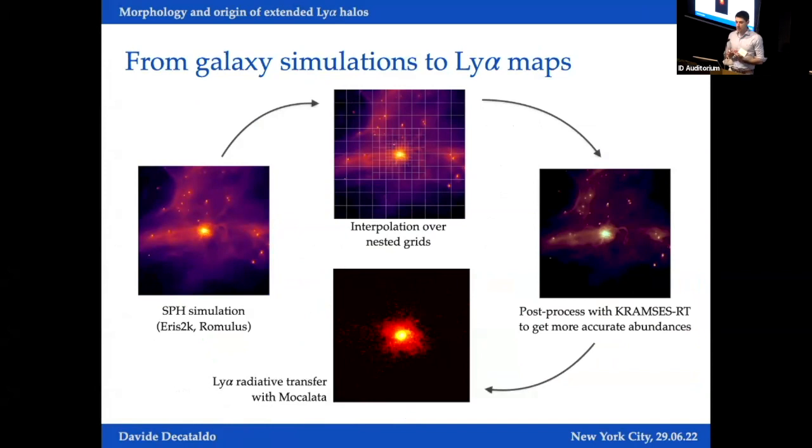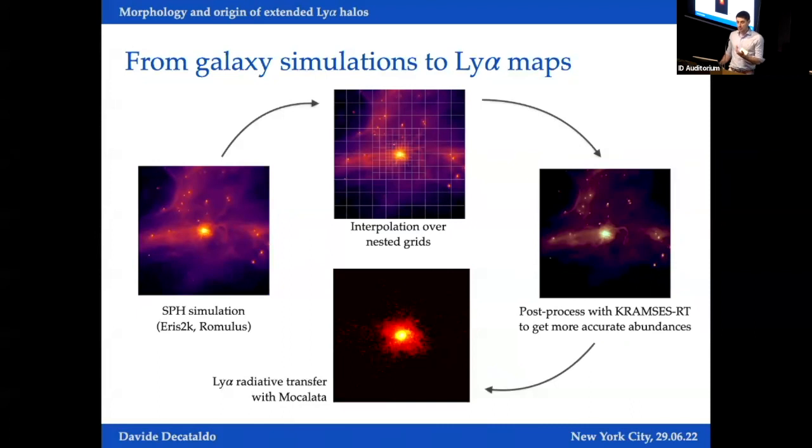So we have to interpolate the SPH data into a grid. And to do this without losing information, we opt for a nested grid. In this way, we don't lose information in the central region, which is the most dense and the most interesting, having a very high resolution in the central part.